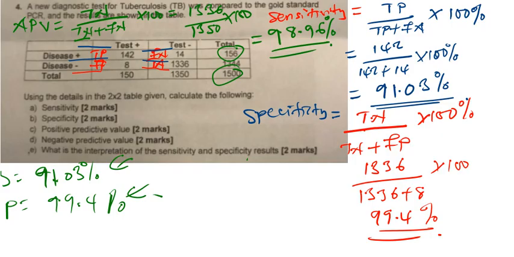If we look at the results here, out of 156 people who were tested, the people who actually had disease, 142 were found to be positive, but 14 were missed. Sometimes it might be just some small errors of the machine that you are using.